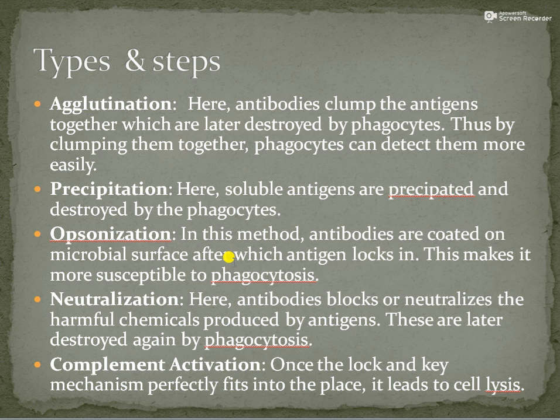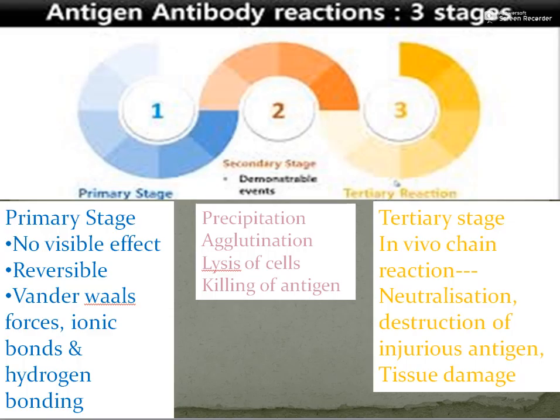And complement activation: once the lock and key mechanism perfectly fits into place, it will lead to cell lysis. Of course, complement activation will involve the production of complement proteins also. So these are the main features, types and steps of the antigen antibody reactions.